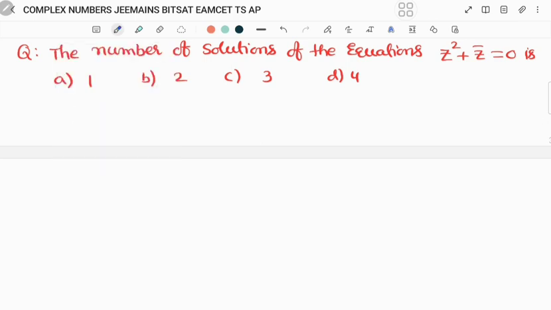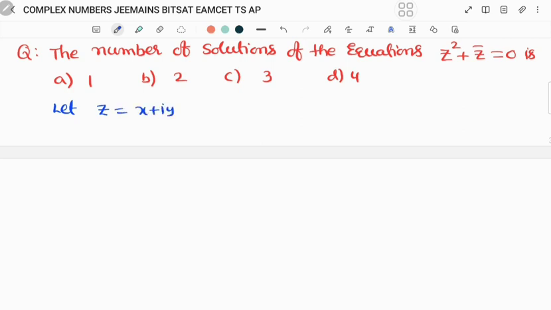So how to do that? First, anyway, z is equal to x plus iy.